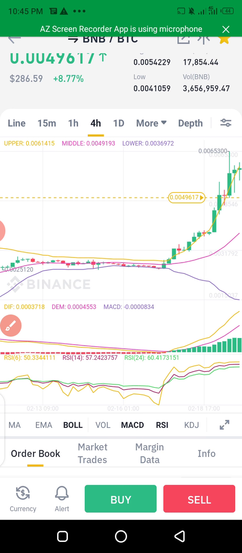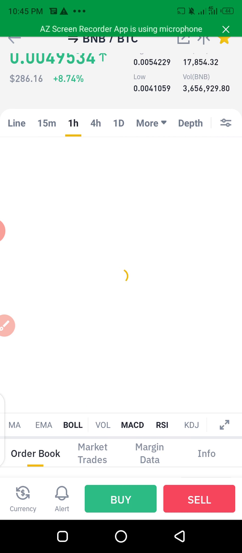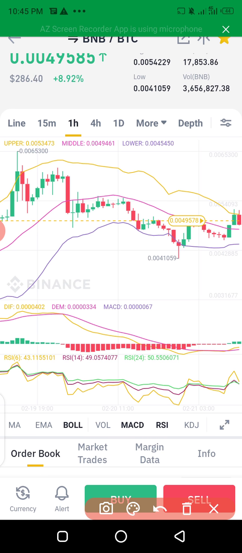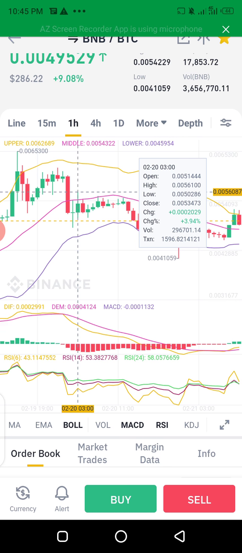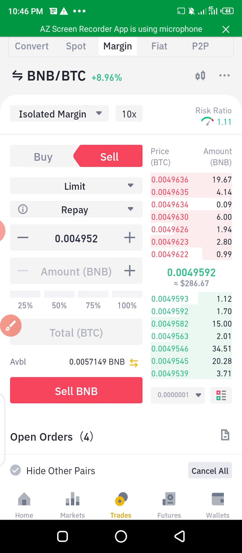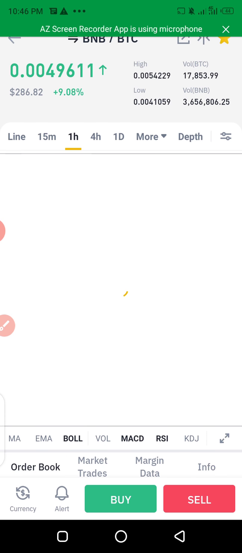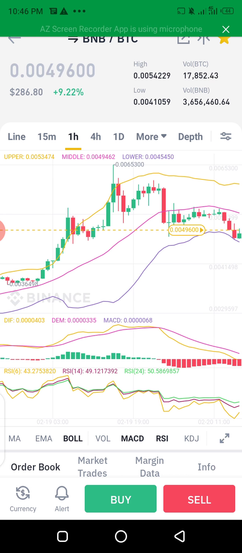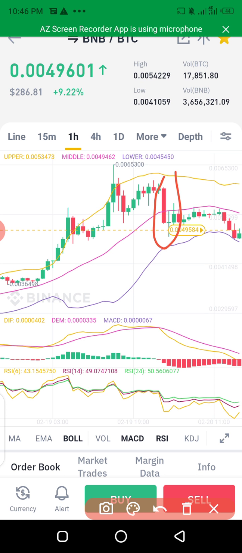So one of the secrets of the Bollinger Band, according to the 1 hour time frame yesterday that I wanted to share, is that when you see a candlestick that is coming directly from upward and it crosses and closes below the middle line of the Bollinger Band, as you can see, this one here, it is coming from upward and closes below this middle line.